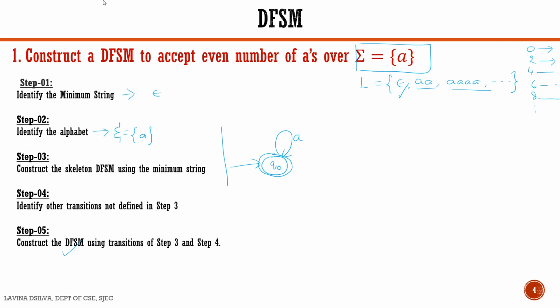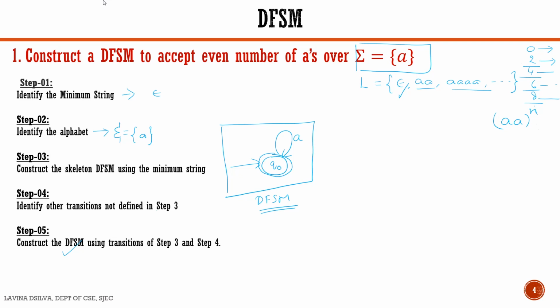This is a scenario where the DFSM accepts any number of A's, right? But what are we supposed to find out? We are supposed to find out A's in even numbers, which means that 2 A's should be together n number of times.